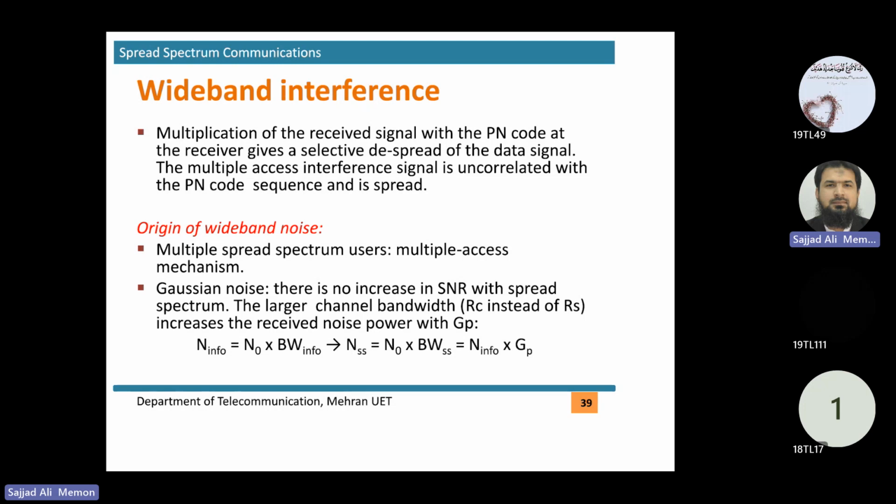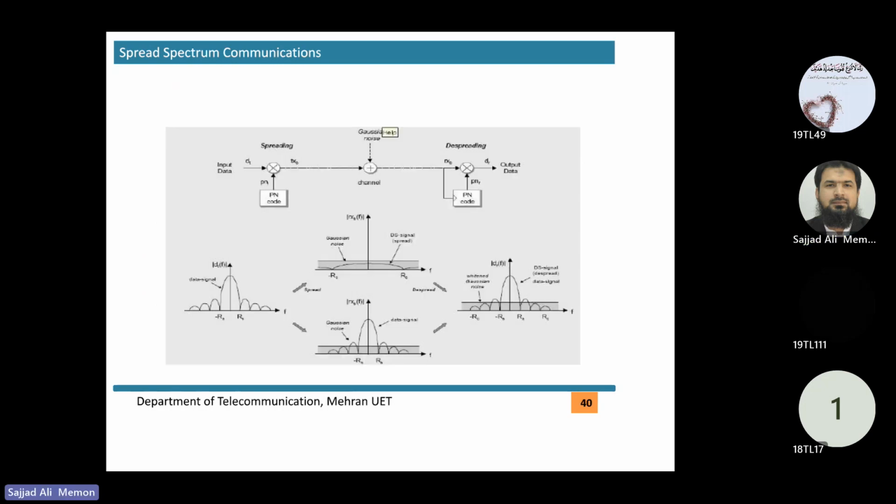The larger channel bandwidth, R_c instead of R_s, increases the received noise power with the processing gain. So the noise in the information signal is equal to noise power spectral density N_0 times bandwidth B_w, that is equal to the spread spectrum N_0 B_w, that is equal to the noise in the information signal times the processing gain.